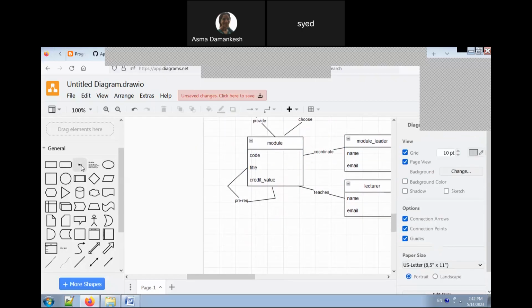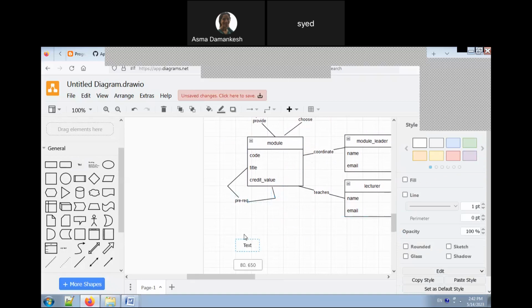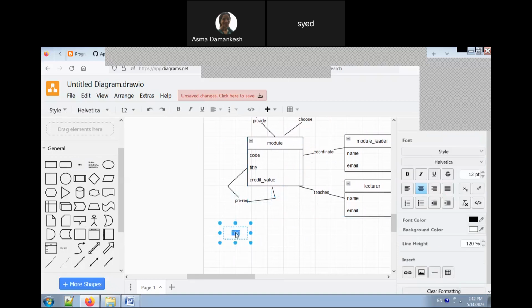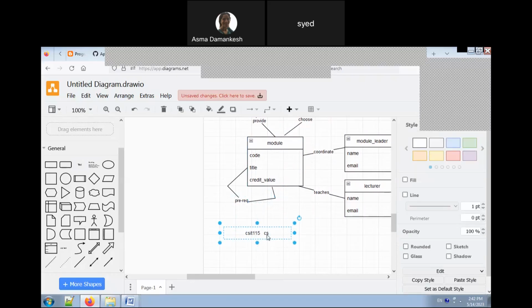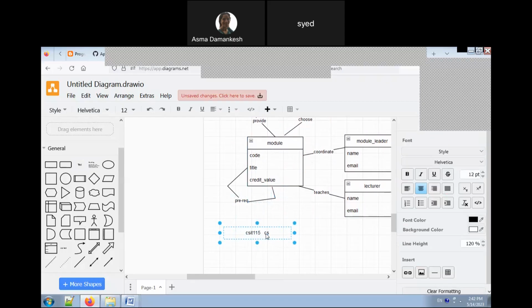Let me put a text here and say, so we have CSIT115. It's a compulsory module for computer science, okay? Then we have, I think I should do shift enter, BOS 111.